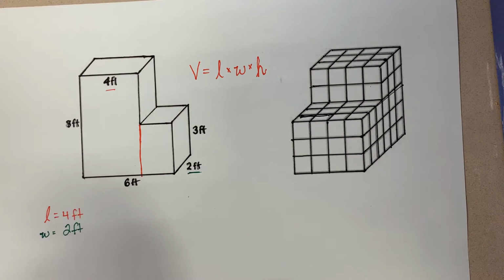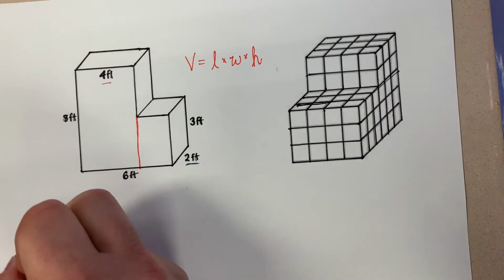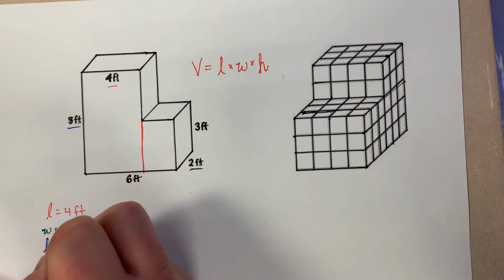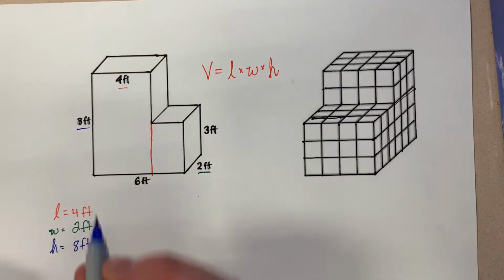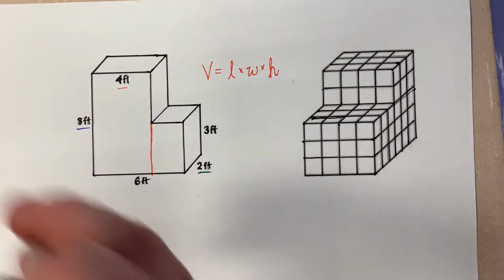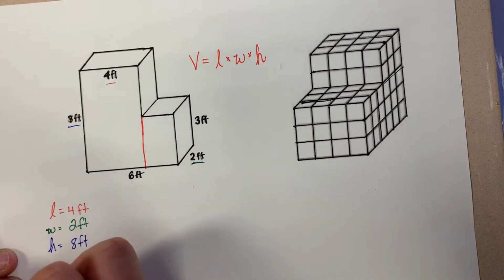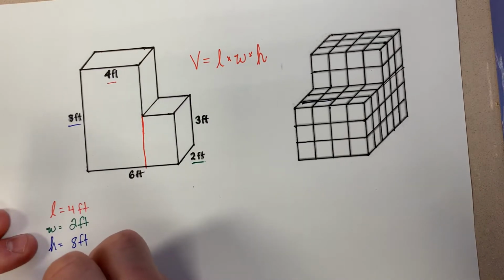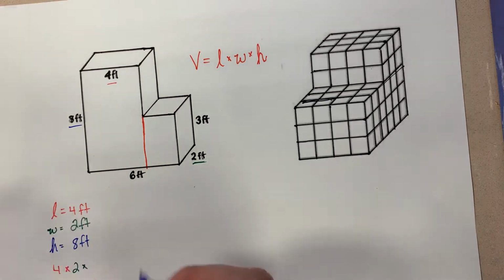And I've got a height of 8 feet. So all I need to do is plug these numbers in and we will be good to go. We'll multiply them after that. So length of 4 feet, so 4 times 2 feet width times 8 feet of height.